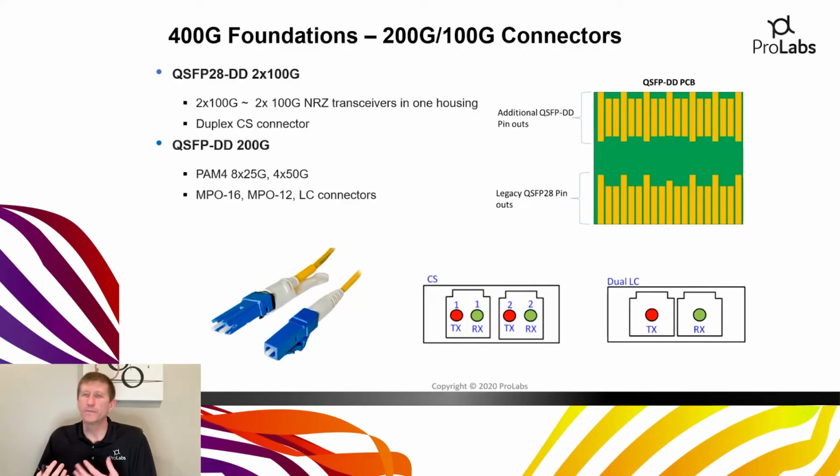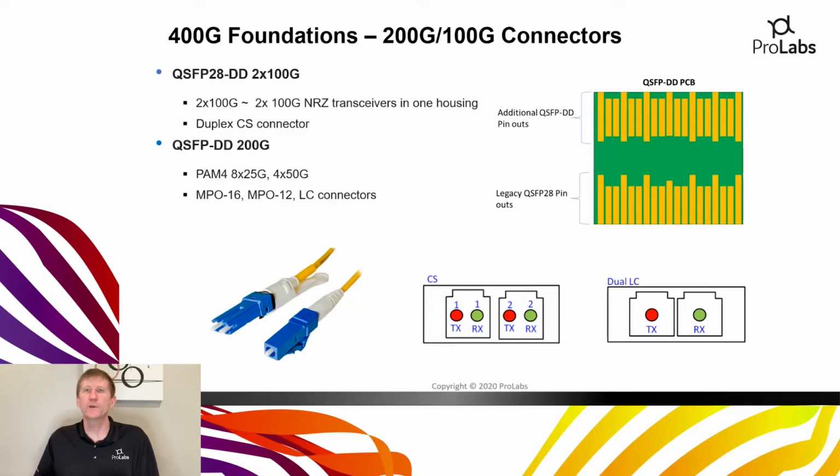I like to think of this, and again, I'm probably oversimplifying it, but I look at the 2x100 gig as two NRZ transceivers in one housing. So let's think about that. Meaning that inside that QSFP28-DD transceiver, essentially are two working QSFP28 LR4s or two QSFP28 CWDM4s.